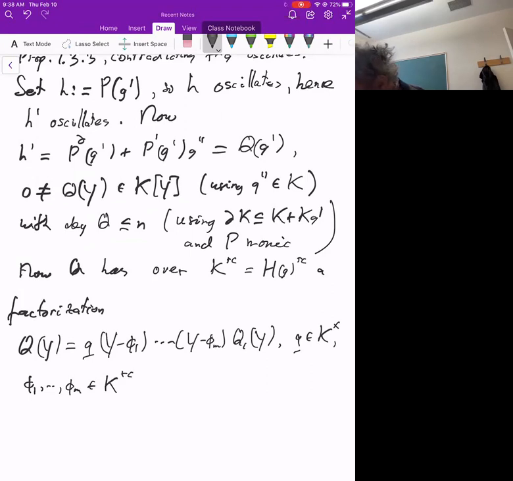And Q1(y) is a product of the usual kind of factors y squared plus eta y plus theta, with eta, theta in the real closure, and theta not 0. Anyway, they are not going to interfere with the argument.